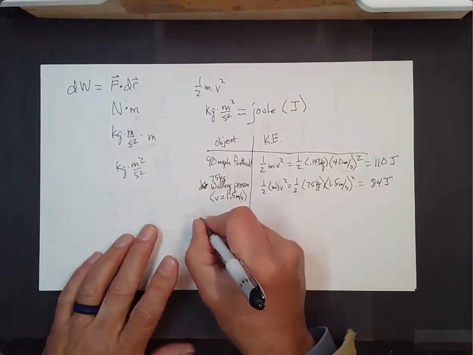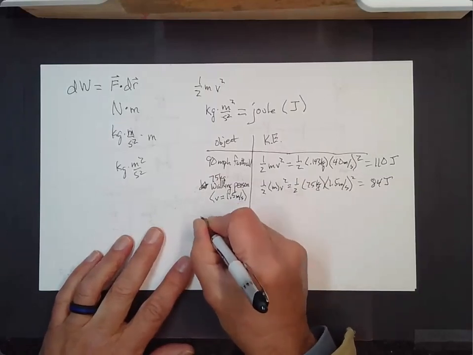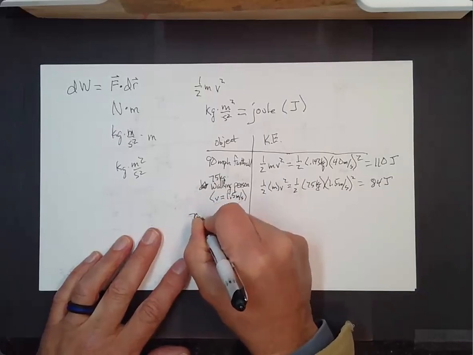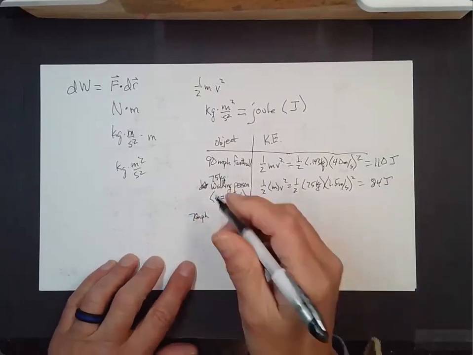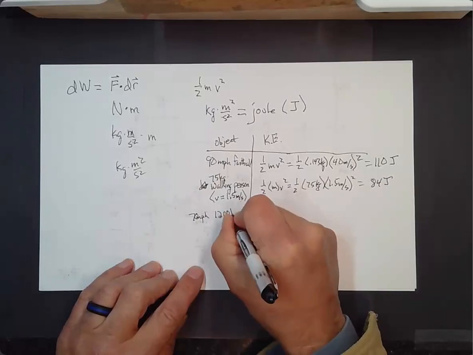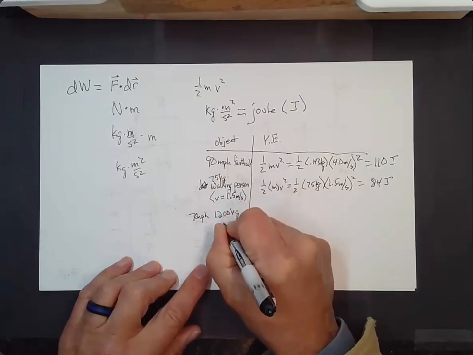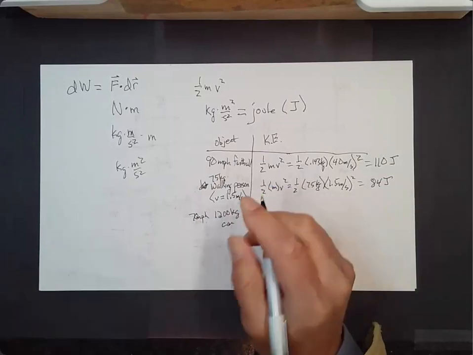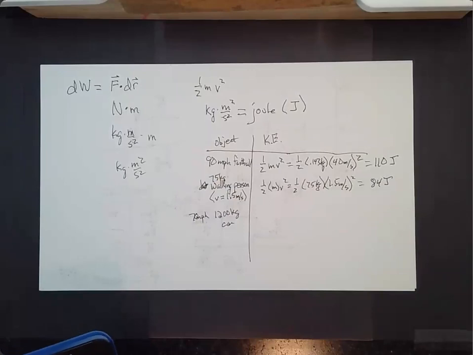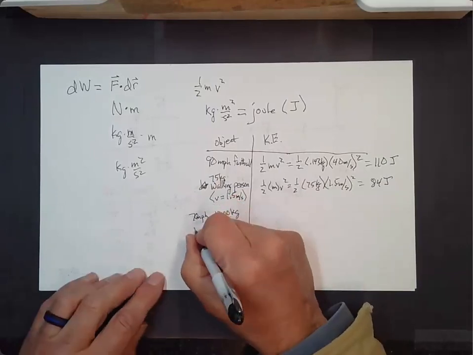Well, let's take a 70 mile per hour, whoops, 70, 1,200 kilogram car. Okay, now if they're going 70 miles an hour, I'll just do a quick conversion here. That's about 31 meters per second.